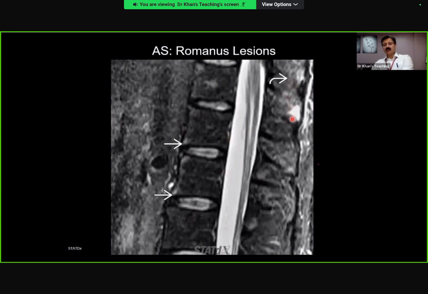Posterior elements edema, you have to pick that up. If in your case there is edema and you pick it up, the examiner might give you half a mark extra. And also, please remember costovertebral joints. I'm not showing you because of the time factor, but the costovertebral joint can of course be involved in ankylosing spondylitis, and particularly on axial, the examiner might like to show you.